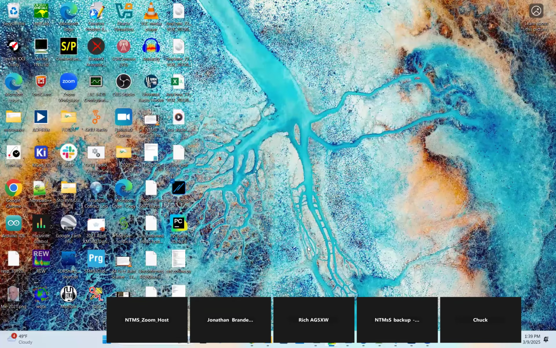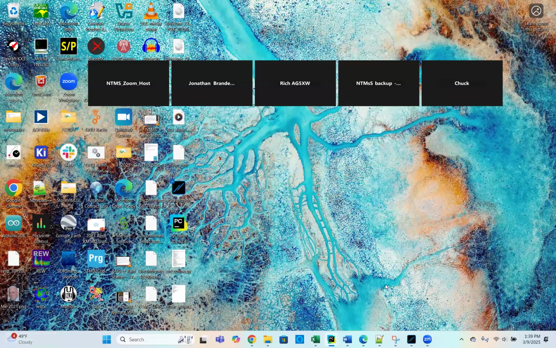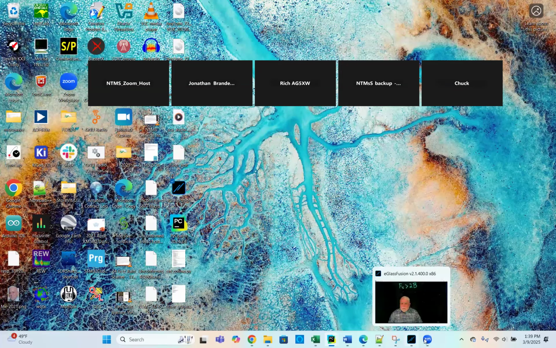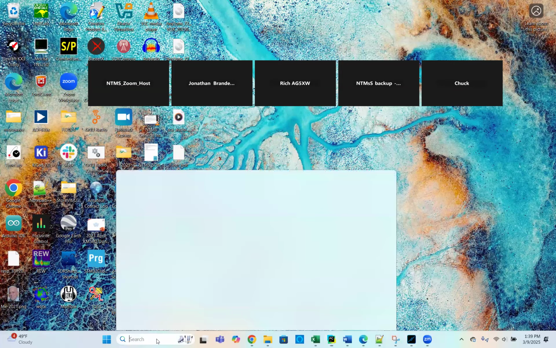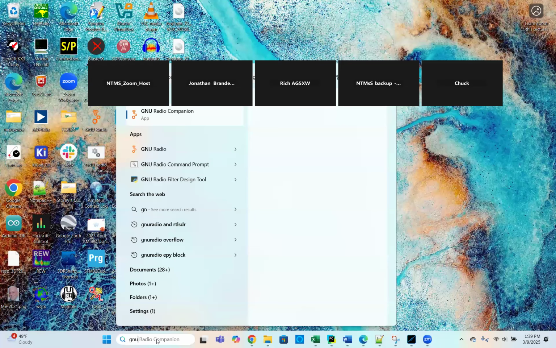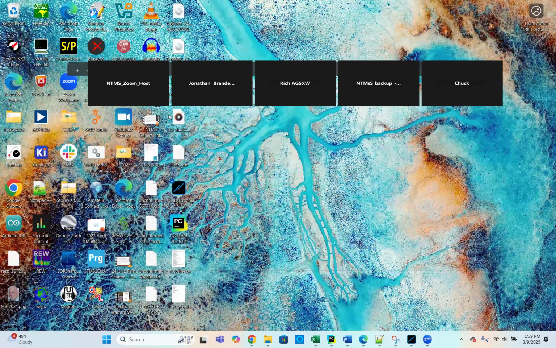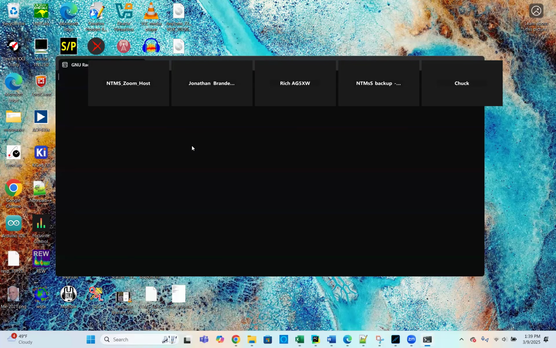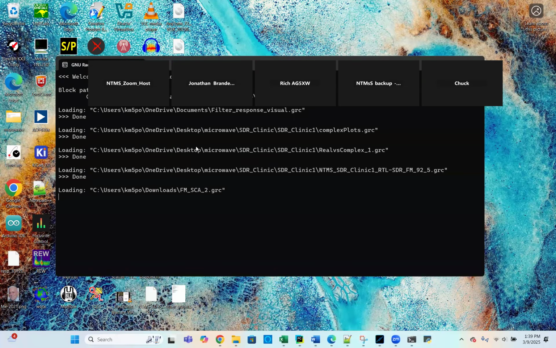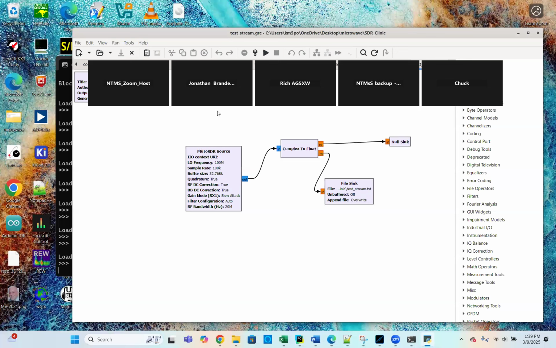In fact, let's look at one of those examples. We can see, have we got, no, I don't have GNU Radio open. Let me open it. Okay.